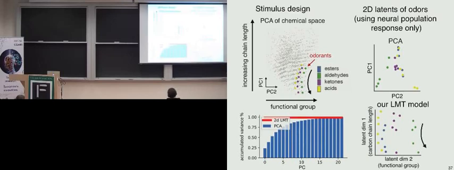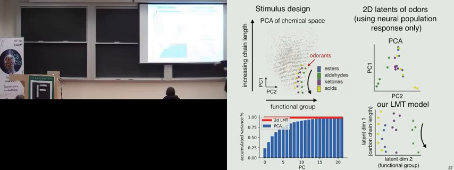Also, within the functional group, the order of these odorants is the same as the order in the chemical space. So this provides some nice interpretation of our latent space again. The first dimension corresponds to the increase in carbon chain length. The second dimension separates the functional groups.